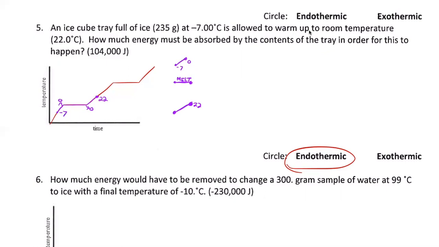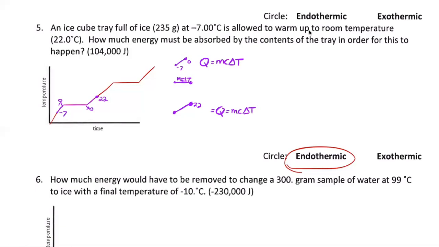For my segment 1 and 3, I'm going to be using Q equals MC delta T. And these will not be set up exactly the same way because they have different temperature changes, and also different specific heats for solid and for liquid water.